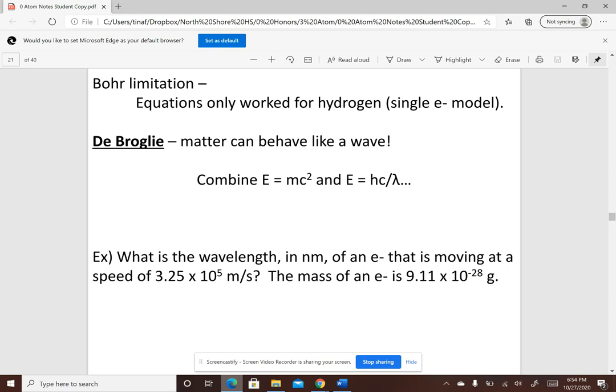So de Broglie came along and he kind of said the opposite of what we've been talking about. We've been talking about light, which we formerly thought was a wave, and we thought that now light can sometimes act like a particle. And now de Broglie is saying the opposite.